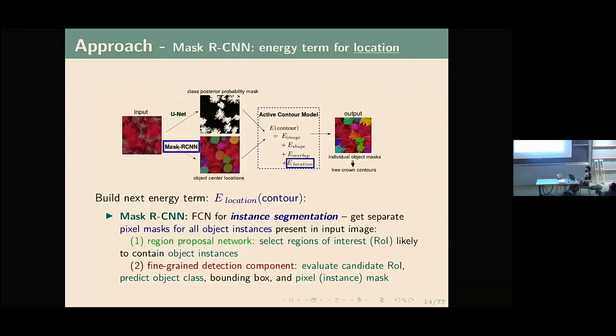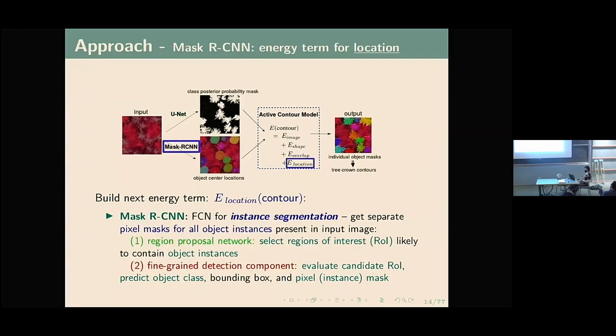So now we build the next energy term in our approach, which is responsible for finding the location of the object contours, which is illustrated here again, where we now have various pixel blobs corresponding to the class posteriors computed from the UNet above, and where each x inside each of these blobs denotes the centroid of that object, in our case, the center of that tree.